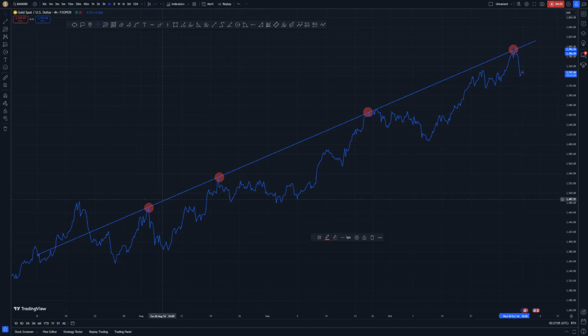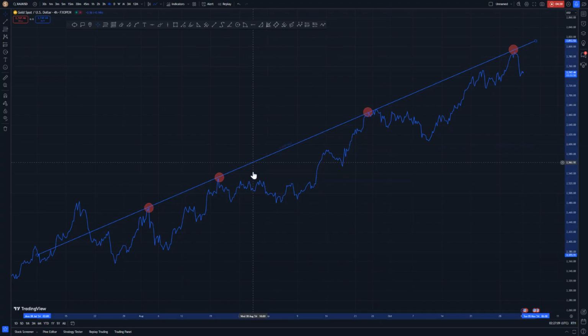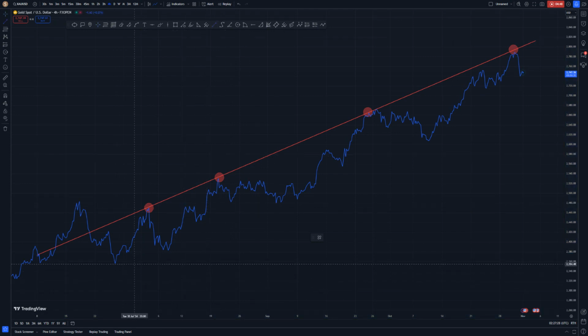So we're going to change the color to red. Let's watch it and see what it does from here. Then from the bottom, we have a dynamic support structure where every time price has touched the floor, it translates to a buy.